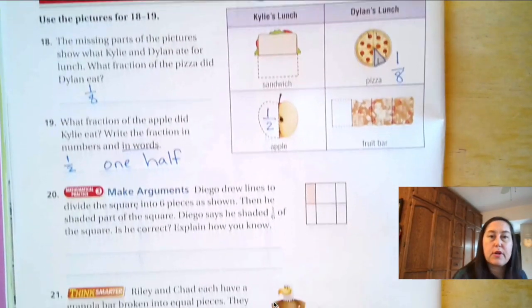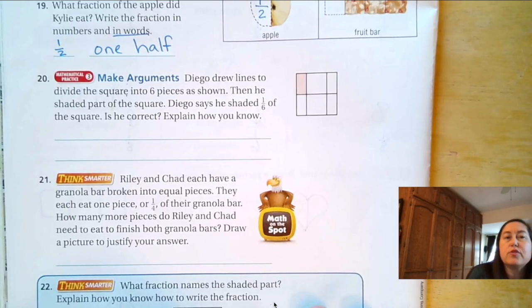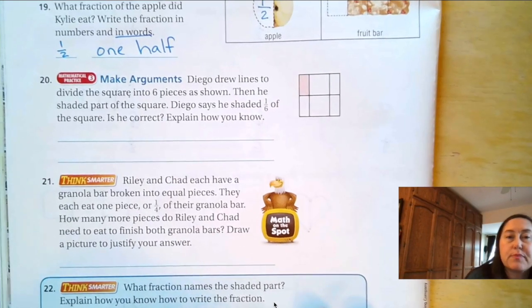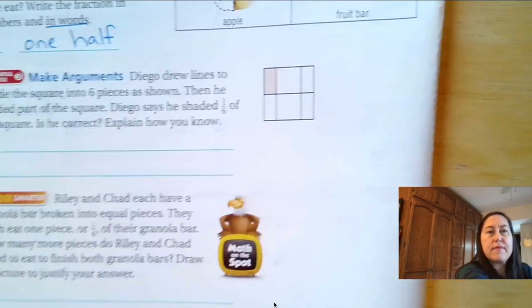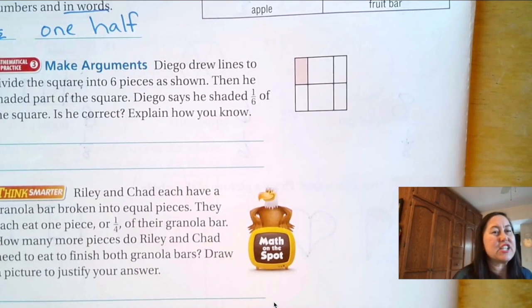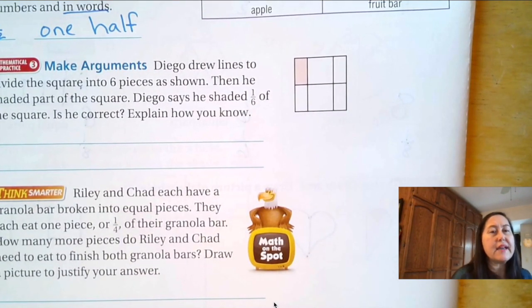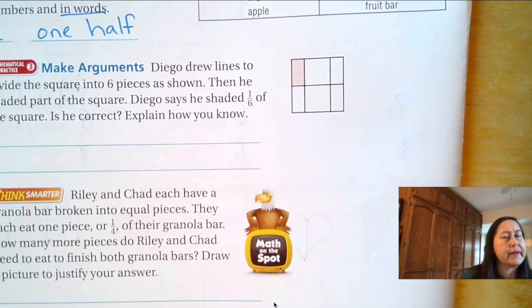Now, check number 20. Number 20 says, Diego drew lines to divide the square into 6 pieces as shown. Do you see his 6 pieces there? However, then he shaded one part of the square. Diego says he shaded 1/6 of the square. Is he correct? Explain how you know.